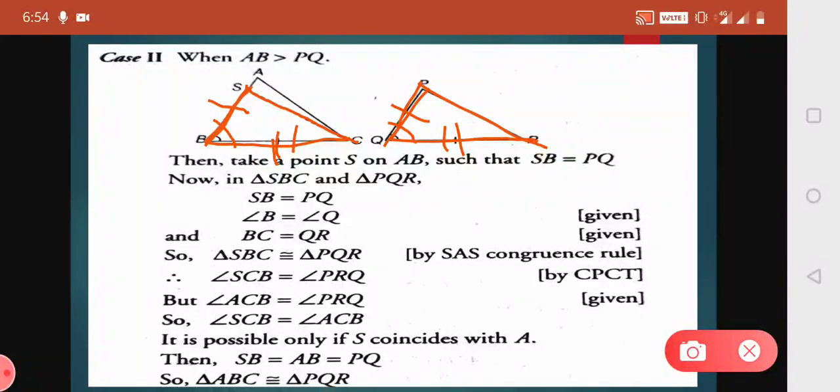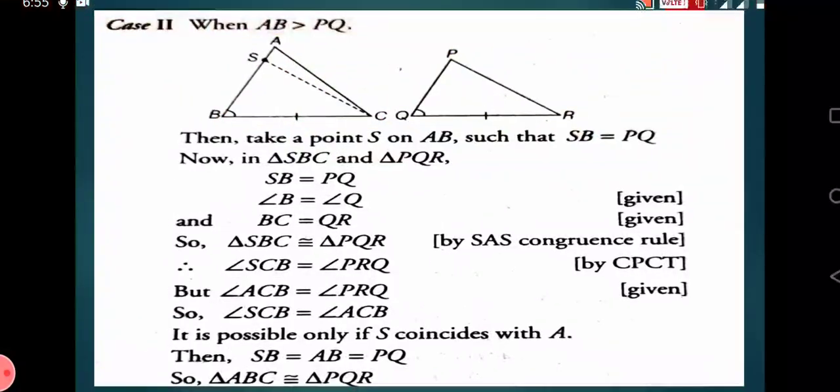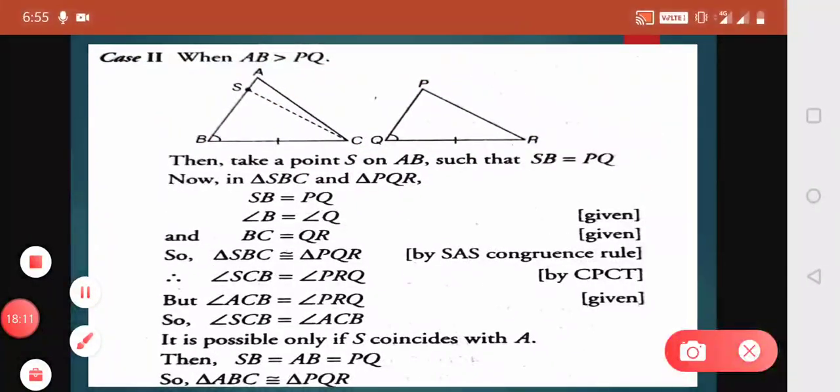Therefore, angle SCB will be equal to angle PRQ. This is your CPCT. Now when both triangles are congruent, we select one of the parts, that is angle SCB. This angle SCB will correspond to angle PRQ of triangle PQR.